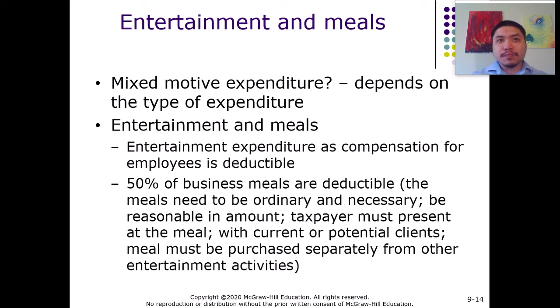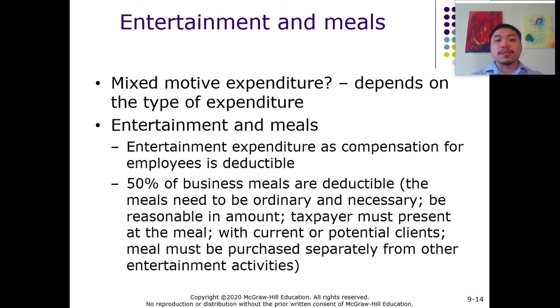For those trips, the expenditures definitely get mixed up, because the taxpayers have both business and personal activities during the trip. So what do we do? Depending on the characteristics of the expenditures, we have different ways to treat them.